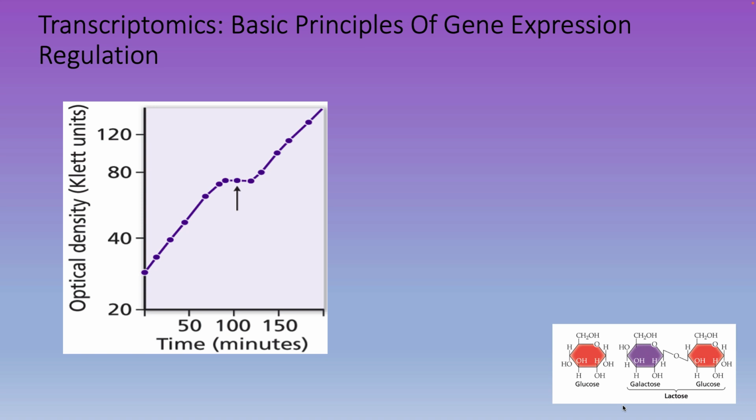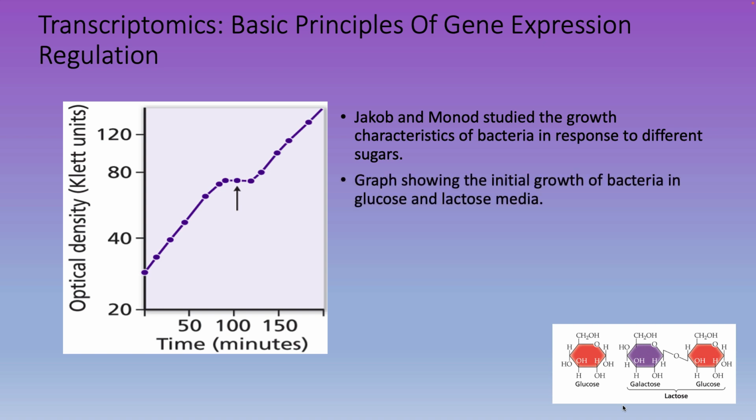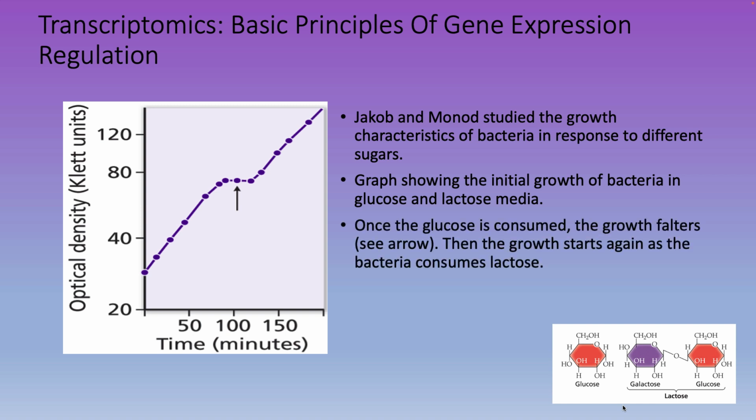When we're looking at some of the basic principles of transcriptomics, we also want to understand that genes are regulated, right? They're turned on and they're turned off at different times. And of course, this goes back to some of the original work by Jacob and Monod on bacteria, in which they discovered operon structures, where they showed a pattern of growth in bacteria where they would initially grow on glucose, but once all the glucose was consumed, they would lag for a little bit, and then they would start to be able to consume lactose.